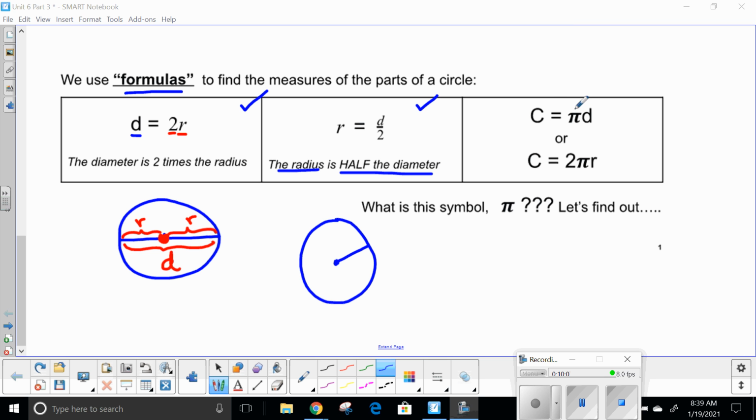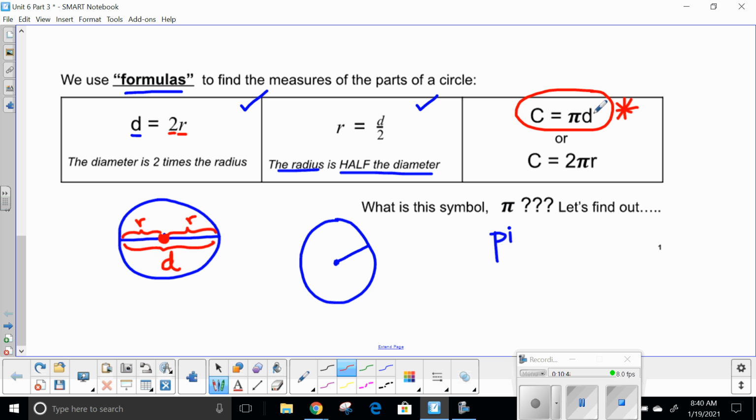Circumference is equal to, you see this little symbol right here? That's called pi. Is anybody familiar with pi? A little bit, okay. So we could use pi times diameter, or we could use circumference is equal to 2 times the value of pi times the radius. Now, I'm going to help you out here simply because over the years, I've learned that it's easier to think of circumference in terms of this formula, and you'll recognize why as we go through this unit, okay?